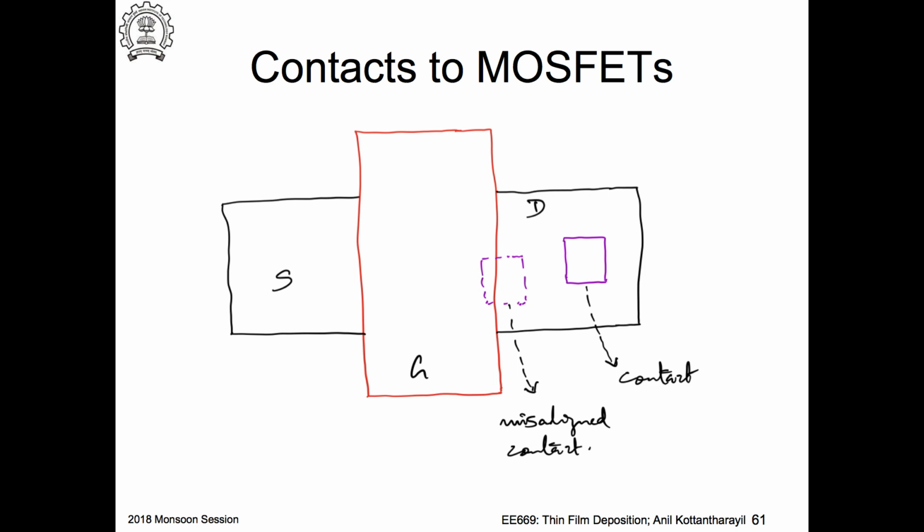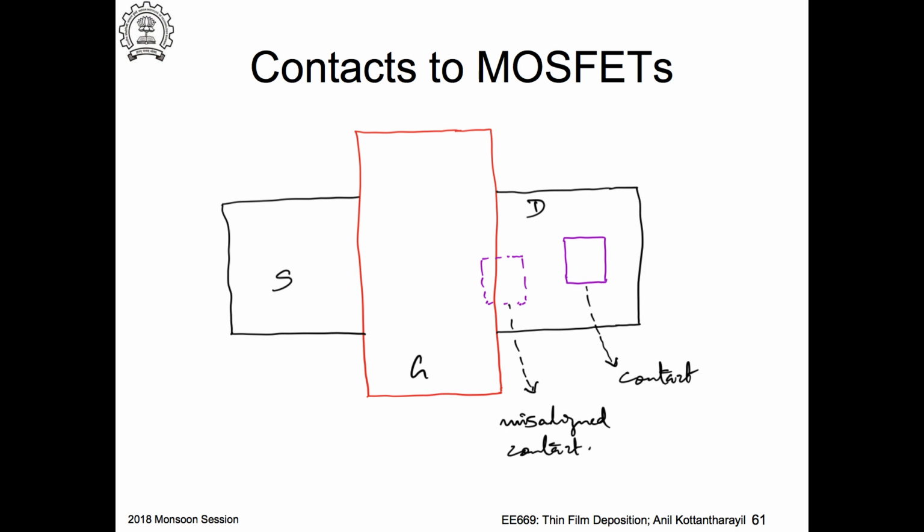Obviously this will depend on the capabilities of the tool that you're using for alignment, but also the skills of operators and so on. So this depends on the factory where you make it.